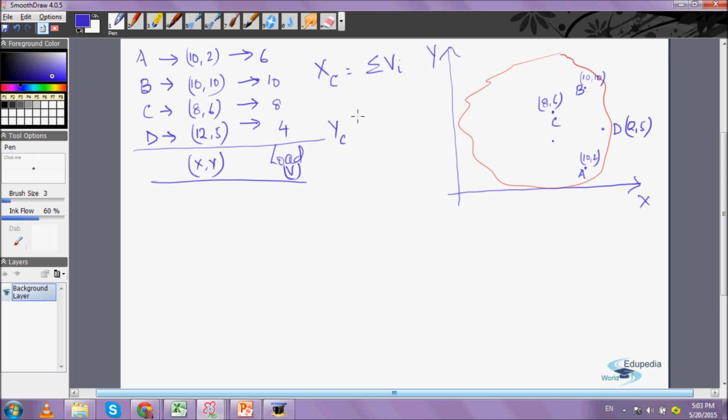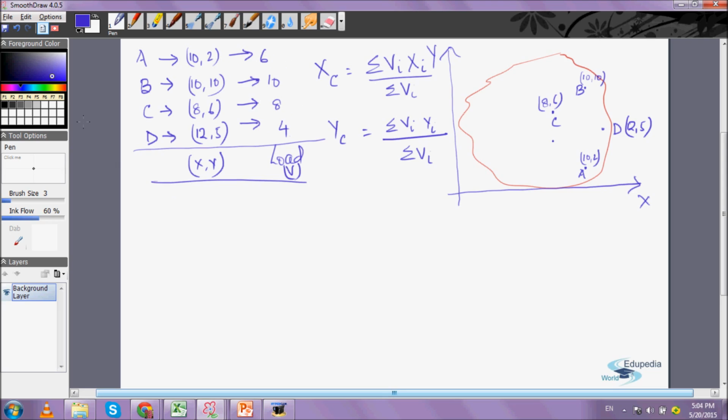The x will be the sum of the product of the load and the x coordinate divided by the sum of the loads, and the y coordinate will be the sum of the product of the weight and the y coordinate divided by the sum of the weights. Now this is very similar to finding the arithmetic mean, where we take the load as the weight or the frequency.